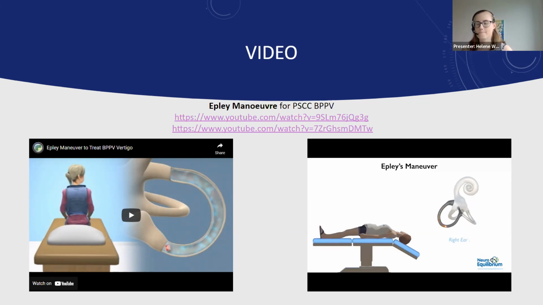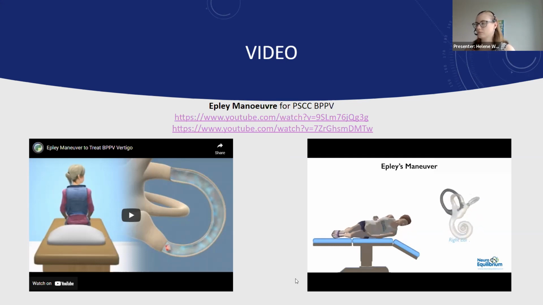Now turn the head by 90 degrees to the opposite side. Stay in this position for 30 seconds after the nystagmus settles. Now turn the patient by another 90 degrees to bring the head to the nose pointing down position. Again, wait for 30 seconds. After this, the patient is made to sit up.